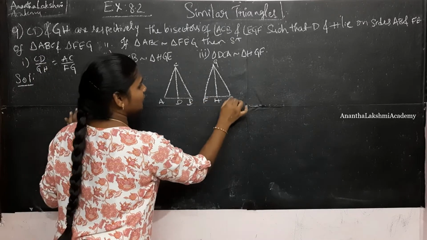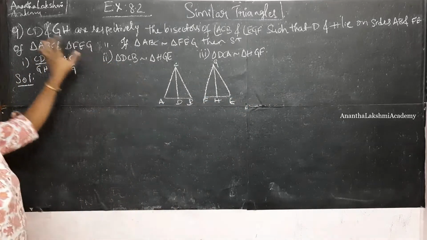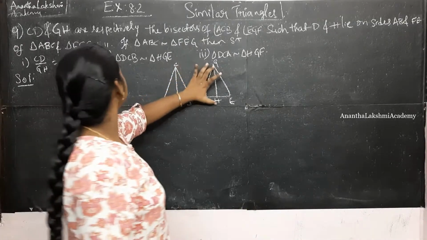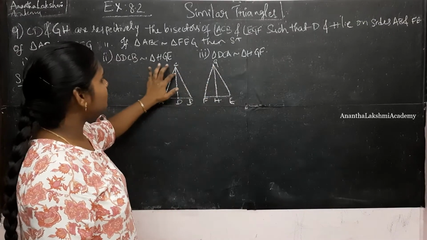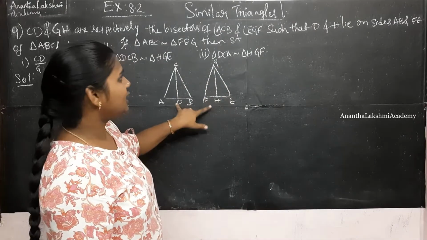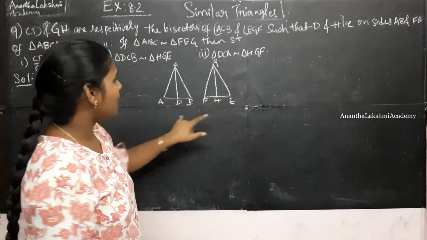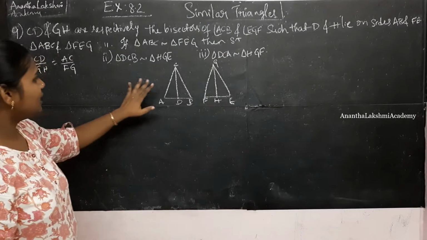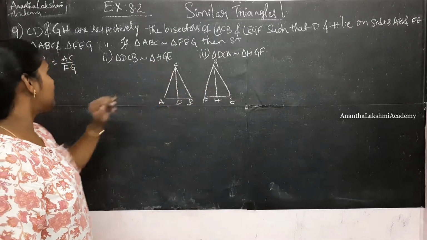Given that CD and GH are the bisectors of angle ACB and angle EGF, such that D and H lie on sides AB and FE. If triangle ABC is similar to triangle FEG, then show that.